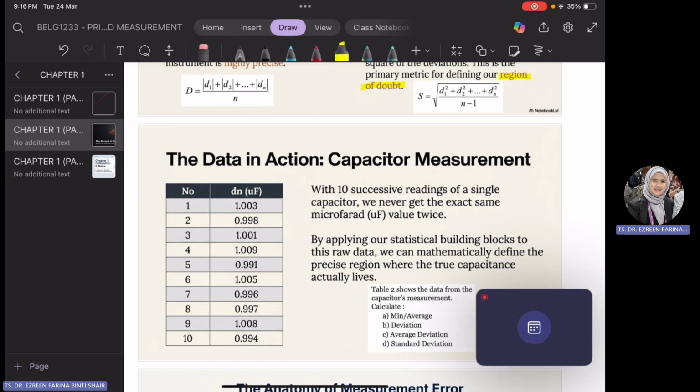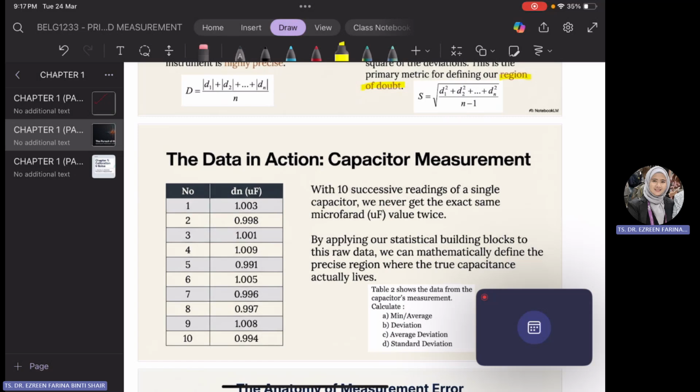For example, the first reading we get 1.003 microfarad. The second reading we get 0.998 microfarad. Maybe in the third reading we get 1.001. So the value actually changes because the capacitor has an error tolerance.